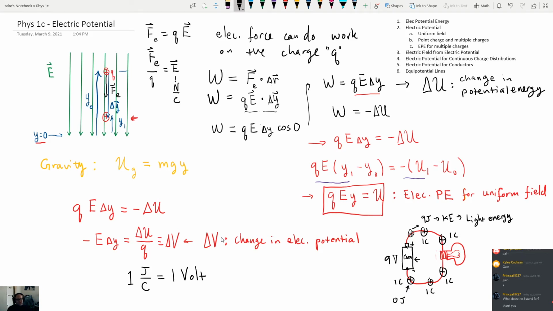I can't remember if I linked it or not, but there are some excellent videos on YouTube that give really nice visuals of what's actually happening inside batteries. But I'll say this much: every type of electricity source has some method of lifting these charges from a low potential to a high potential and then letting them go. In the case of batteries, it's a chemical process.